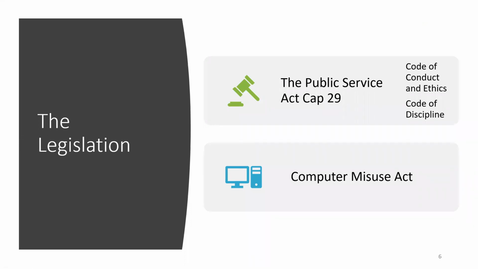For us in the public service, it is important to note that paragraph 23 of the Public Service Act states that officers are required to use information technology, including the internet, and other networks lawfully and responsibly, and in accordance with policies and guidelines of the public service that are stipulated in writing.